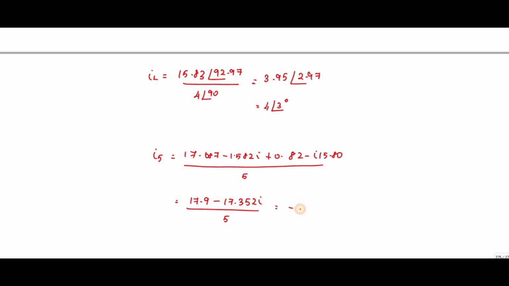So this is equal to minus 3.479 and 17.9 divided by 5 is 3.58. Okay. So if we convert the rectangle to polar form, it is not necessary. Okay.